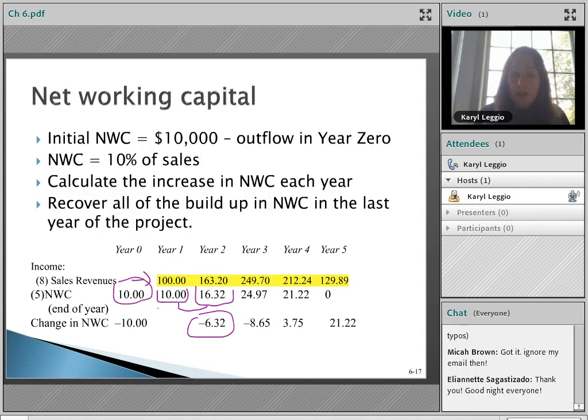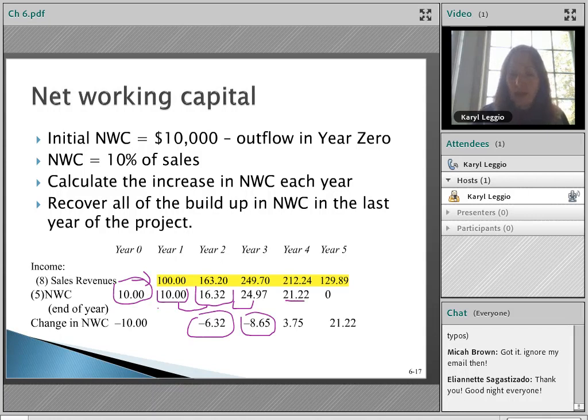The next year, my working capital has gone up again, so I have to fund an additional $8,650 worth of working capital. Now, in year 4, remember, by year 4, the numbers began declining in terms of our sales numbers. So our working capital needs actually decline in year 4.